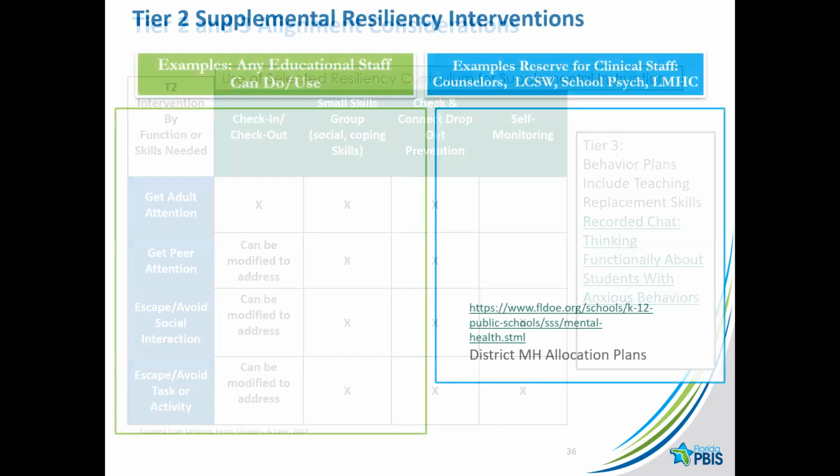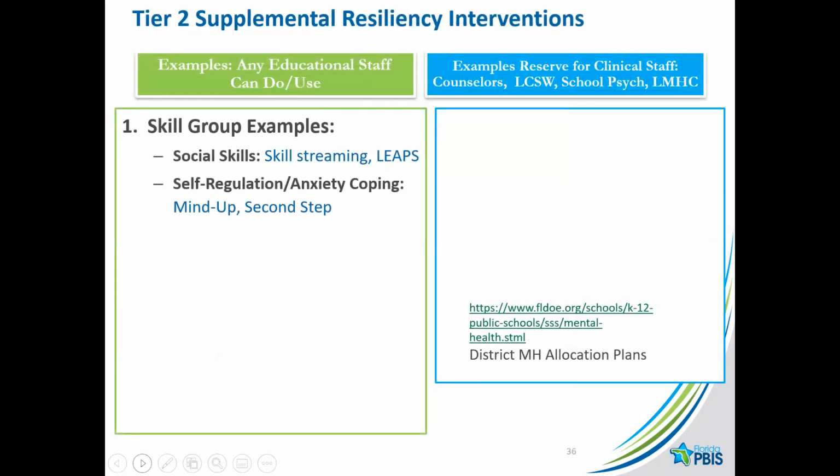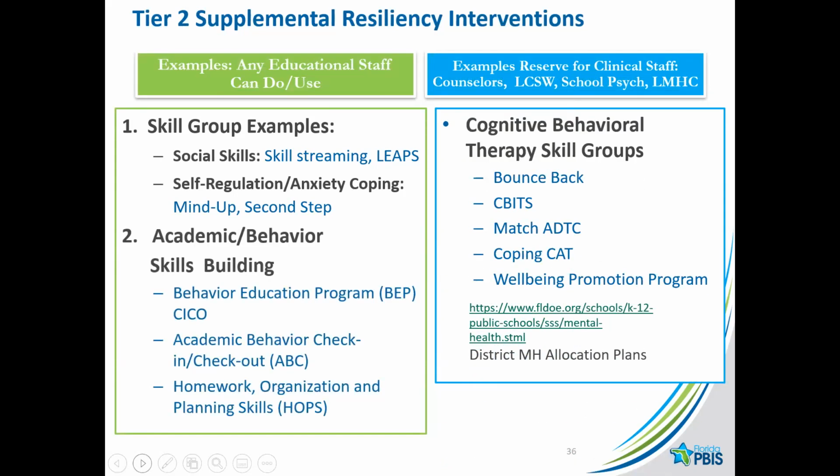So to add on to that a little bit, don't forget about, I'm going to put a couple examples up here because there are several. These were some examples when I said think about those groups. There are many evidence-based curriculums out there, and there's more every day. But just thinking through that match of need is what we coach you to do in tier 2. You see the headers here with some example curriculums underneath.